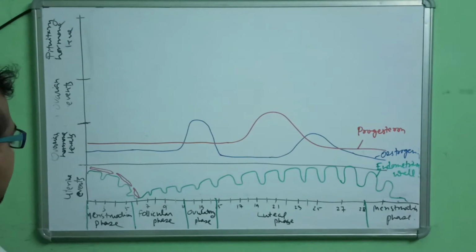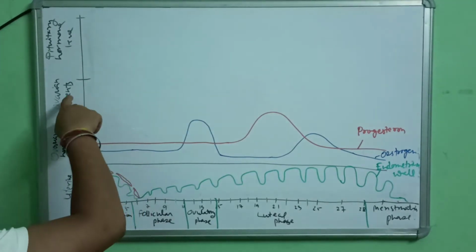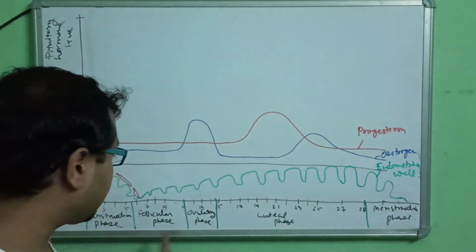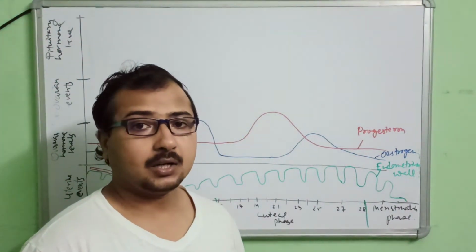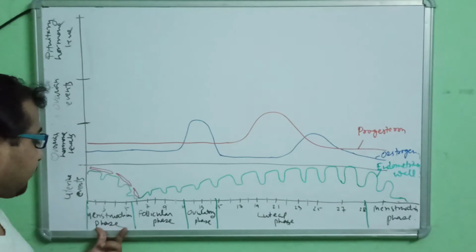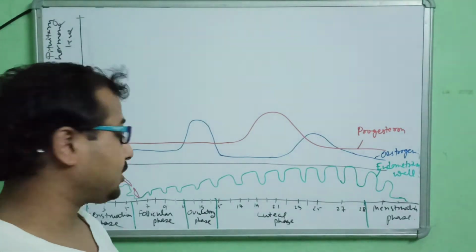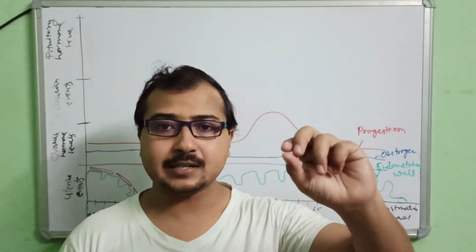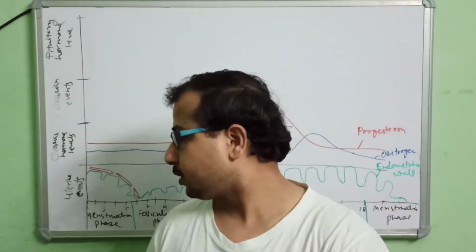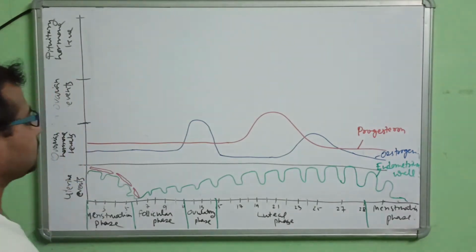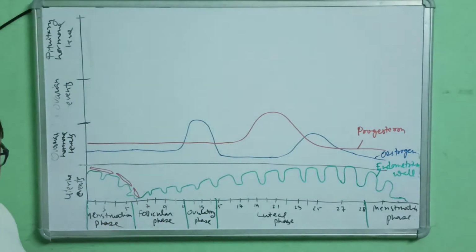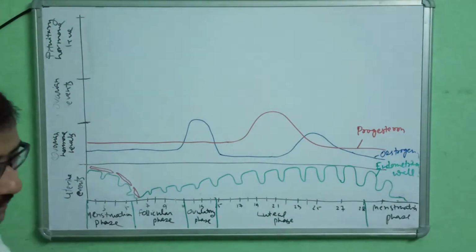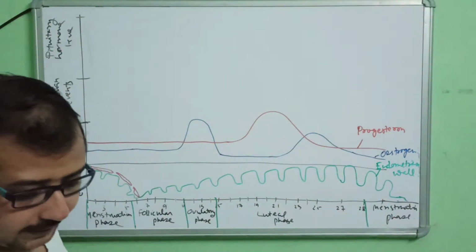Okay. Now see here, ovarian events now. What happens in the ovary during these phases? Okay. See, menstruation phase. When the menstruation phase comes, what happens? The unfertilized egg is released out of the body through menstruation, right? So let's use both the colors, blue and green.